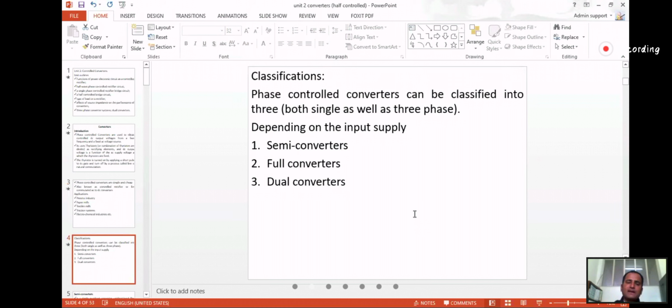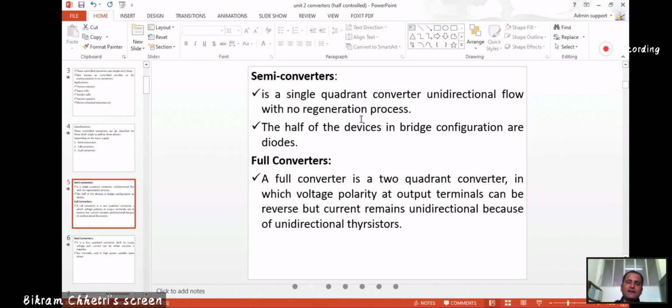The semi-converter is a single quadrant converter. Single quadrant means, I hope you have remembered that there are four quadrants, right? First, second, third, fourth. The first quadrant is a single quadrant converter, which has unidirectional flow.